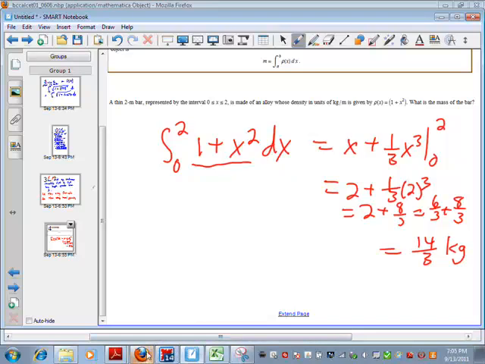Is that as easy as it looks? Yeah, it just depends on the function. If I say the density function is whatever, then it's just about whether you can integrate that function or not. So application problems in terms of difficulty aren't that difficult, because you're still doing the same thing. It's just a way of interpreting it.